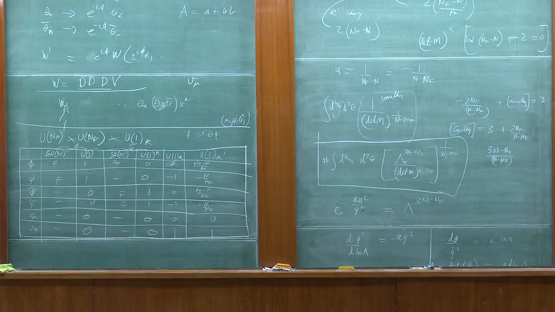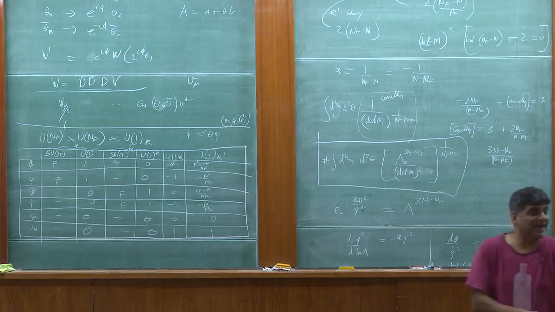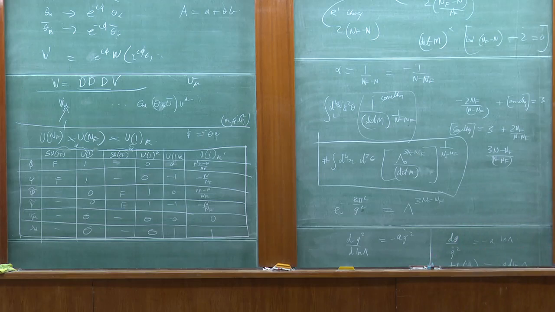An instanton comes with 1 over 8 pi by g squared, which when you replace it by its running value is lambda naught to the power 3 nc minus nf times some lambda power. Okay, so the lambda naught power is precisely the power you would get from a 1 instanton calculation.